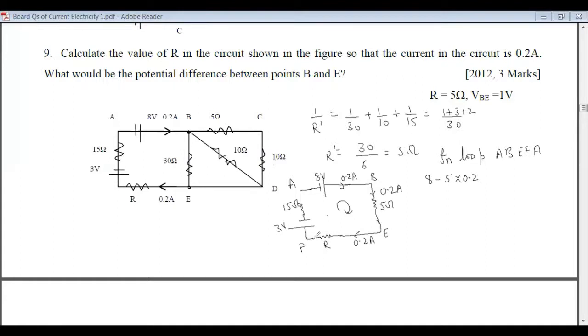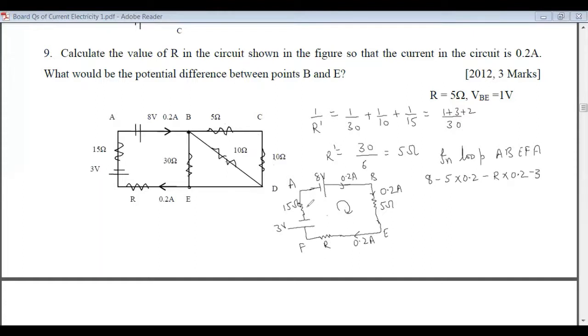Moving from E to F, we get 0.2 into R. Again we are moving along the direction of current, so R into 0.2 will be taken as negative. Now moving from F to A, here we get the 3 volt battery. We are moving from positive to the negative terminal inside the cell, so this 3 volt will be taken as negative.